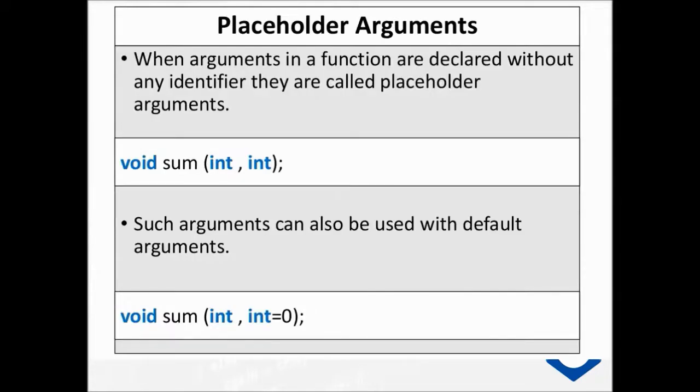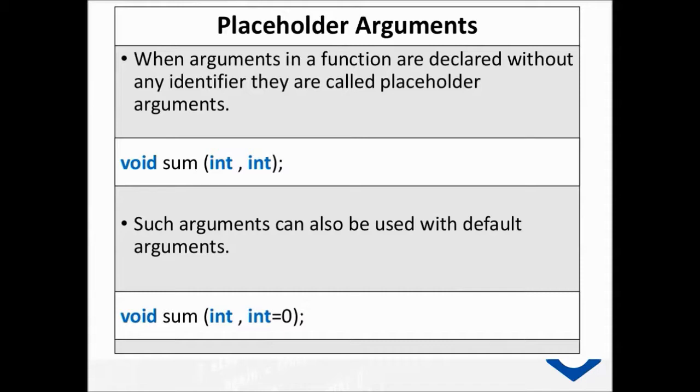In the last lecture we wound up our discussion of default arguments. Now we have another type of arguments called placeholder arguments. When arguments in a function are declared without any identifier, they are called placeholder arguments. For example, the syntax is void sum(int, int).